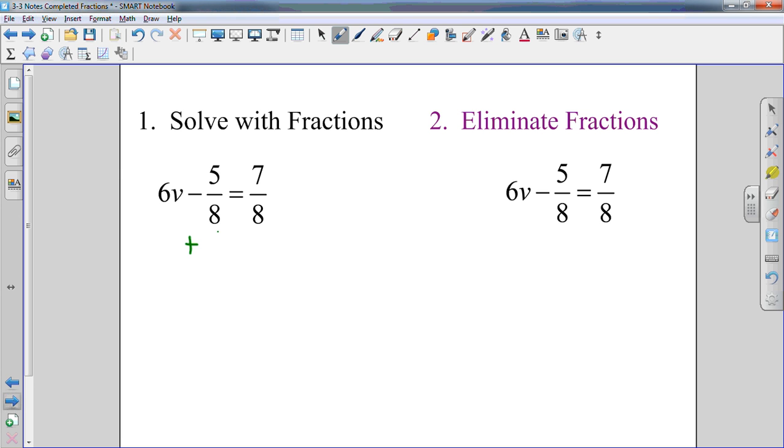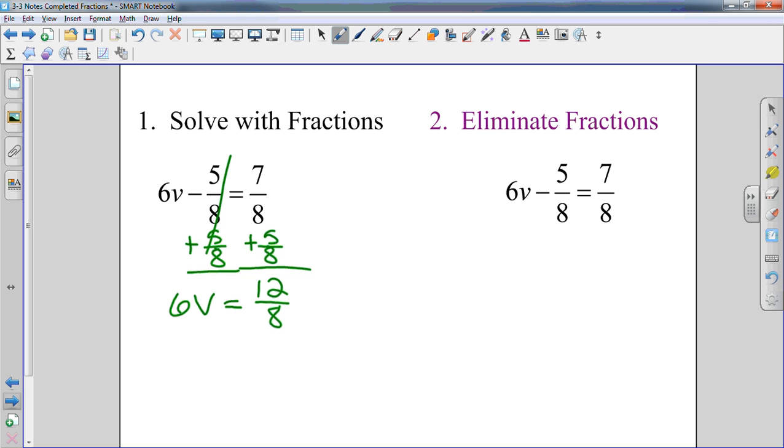In this case, I have to add 5/8 to both sides. Whatever I do to one side, I have to do to the other. I'm left with 6v equals 7 plus 5 is 12/8. Now I could reduce this, but I'm just going to leave it here for right now.